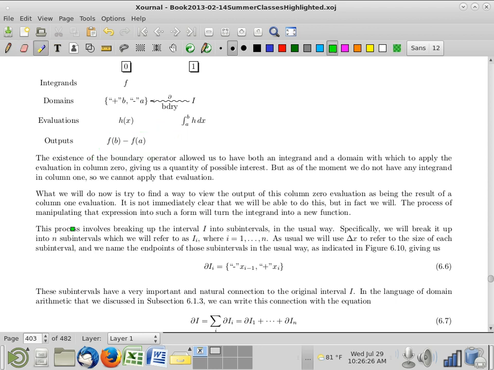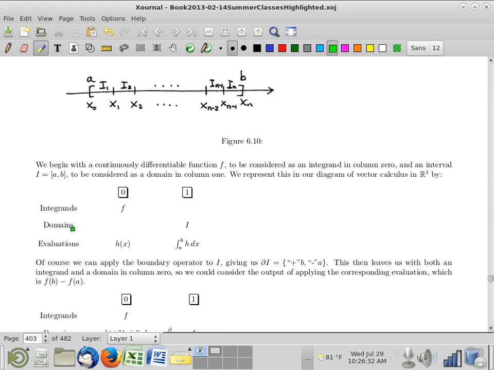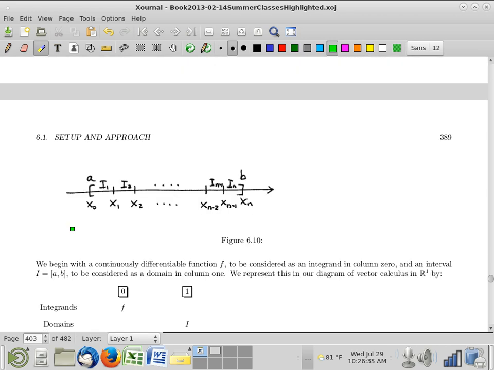In order to do that, I first want to go back up here. I'm going to look at this interval, and let's talk about its boundary. I'm going to do orientations with colors.